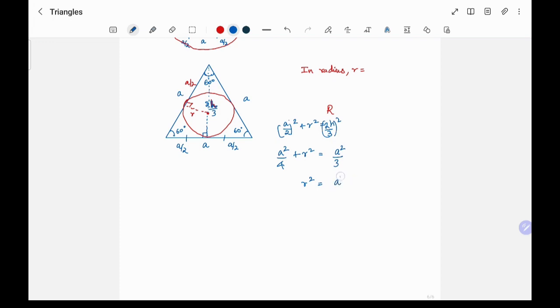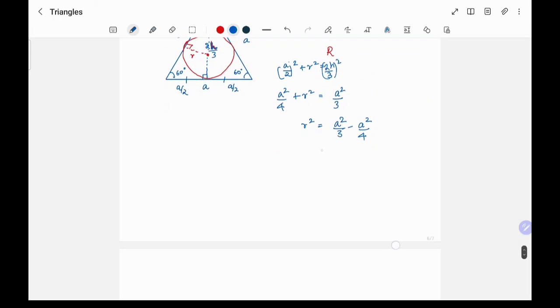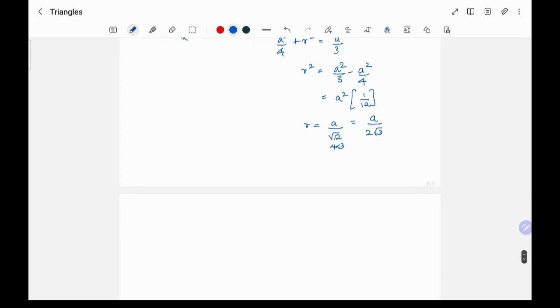So r square is a square by 3 minus a square by 4, which is a square into 1 by 12. So r will be a by root 12. 12 is 4 into 3, so root 4 is 2. So this is a by 2 root 3. So this is the inradius.